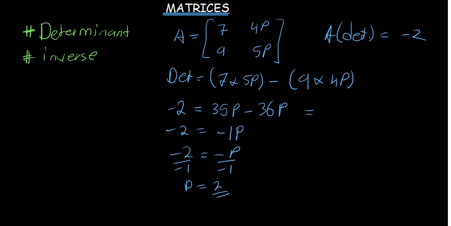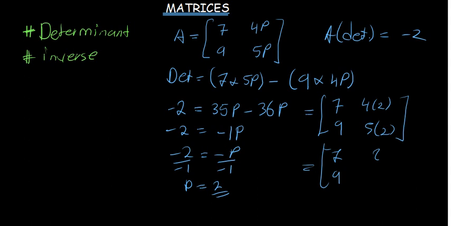And you can replace that into the matrix that you have just to confirm your answer. So remember, what you're going to have is 7 here, 9. Okay, so 4 multiplied by the 2. If you say 4 here, 2, then you have 5 here and the 2. So what you're going to have is something like 7, 9, 8, and 10. So we're just basically saying 7 multiplied by 10.